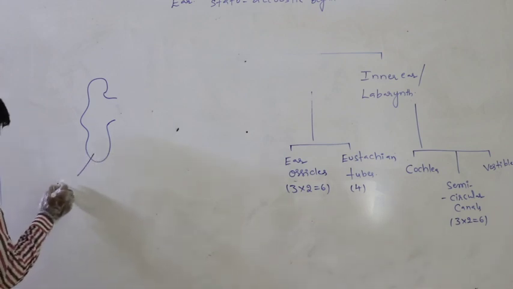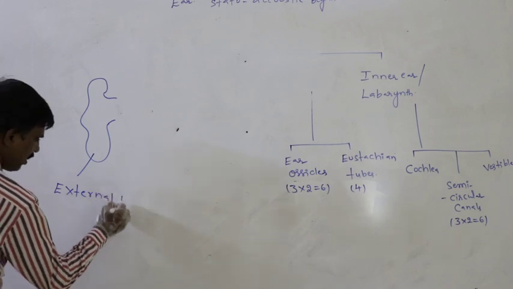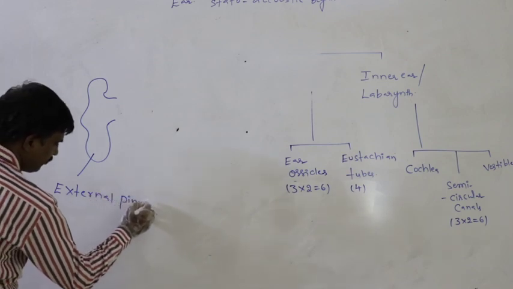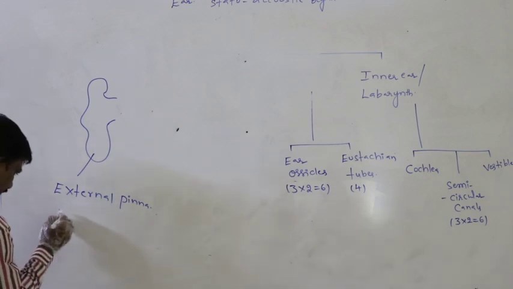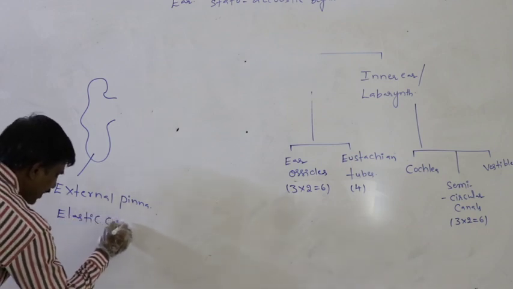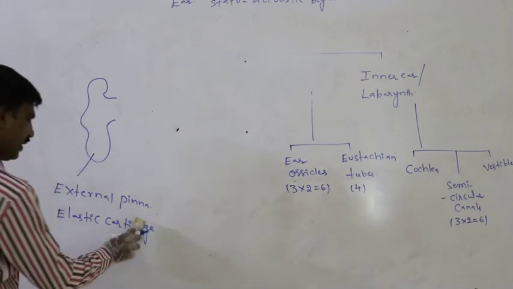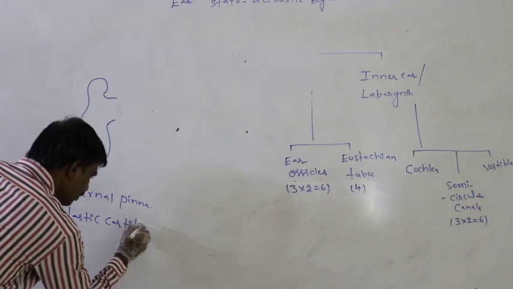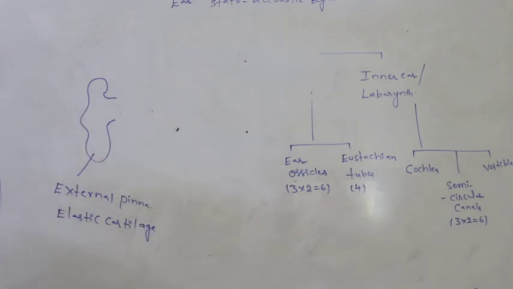This is the external pinna. It is made up of elastic cartilage, so that it has elasticity in nature.